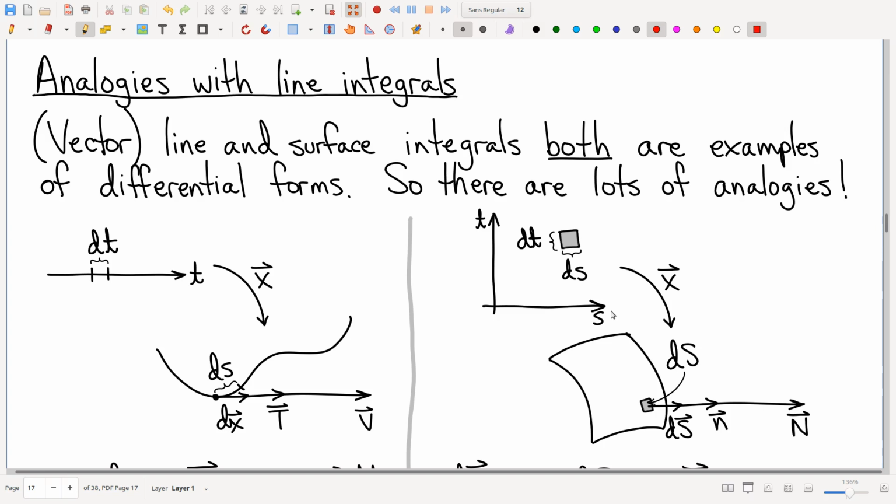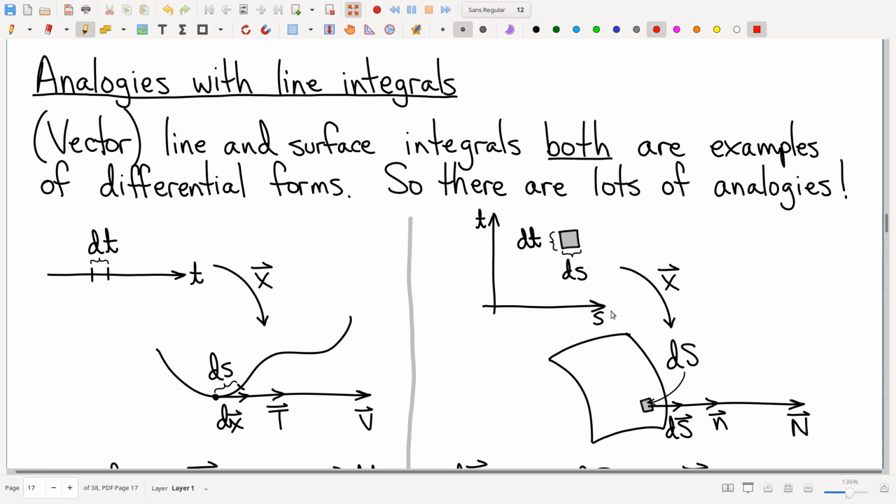Whereas vector surface integrals come from thinking about fluids and surfaces. It is a totally different geometry, a totally different physics that motivated these two constructions. And yet, there are some shockingly strong analogies between them.